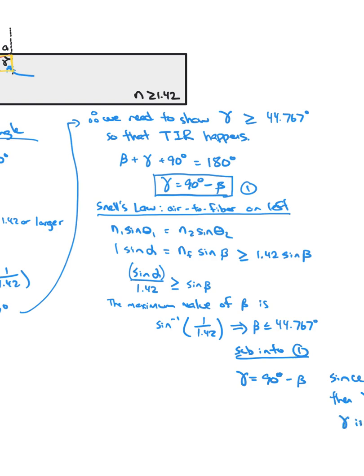So gamma is at least 45.2 degrees, which is greater than the critical angle, because we found that our critical angle is at most 44.8.